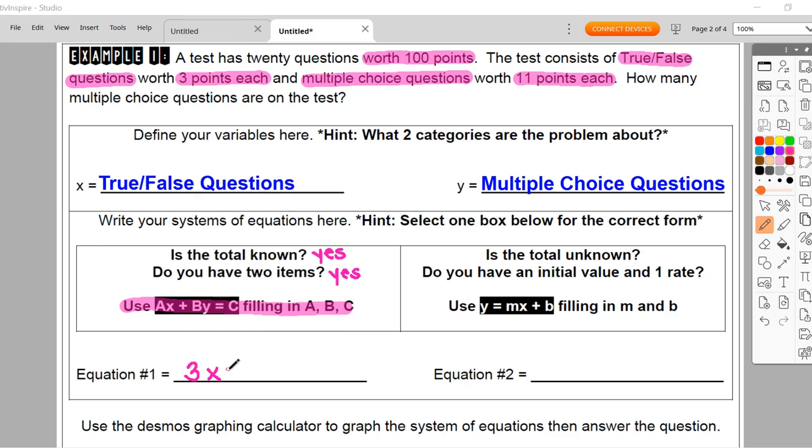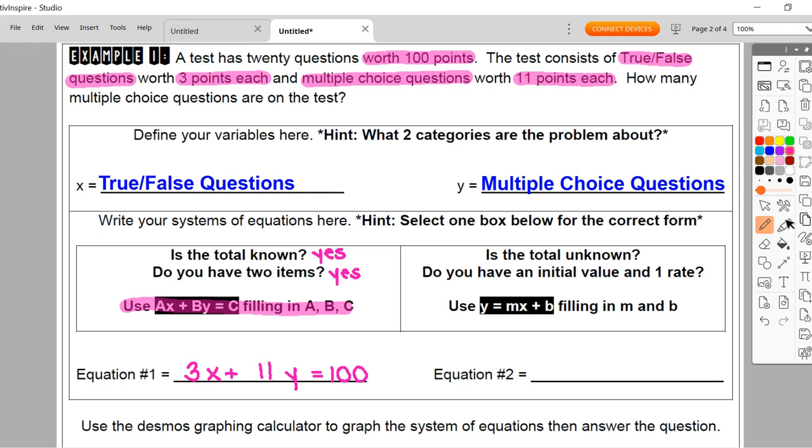Then I will be adding up these points because I'm adding to the total, and I do know the total, which is 100 at the end, so that's going to be my c. In front of my y, my coefficient is going to be the number of points that go with my y, which is my multiple choice questions. That was 11 points per multiple choice question. And like I said, I knew it was equal to the total points of the test, which was 100.